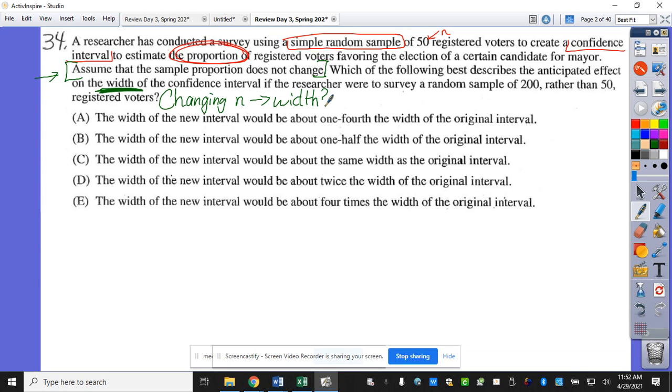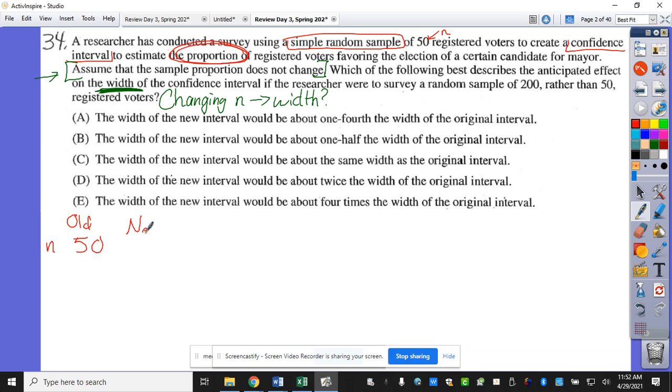All right, so I'm going to start this problem as if I am so confused and I have no idea where to start. How is my sample size changing? My old sample size was what?